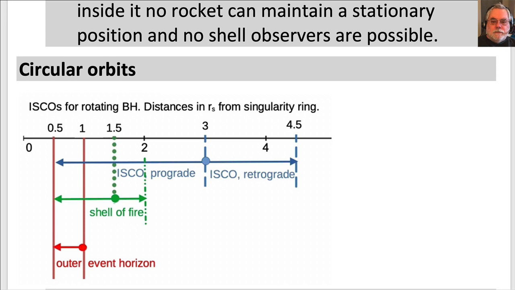Mostly we will consider circular orbits in the equatorial plane of the singularity ring, orbiting in the same direction as the black hole rotation. In the equatorial plane, the innermost stable circular orbit, the ISCO, for a non-rotating black hole. For a rotating black hole, the ISCO is at 3 Schwarzschild radii.